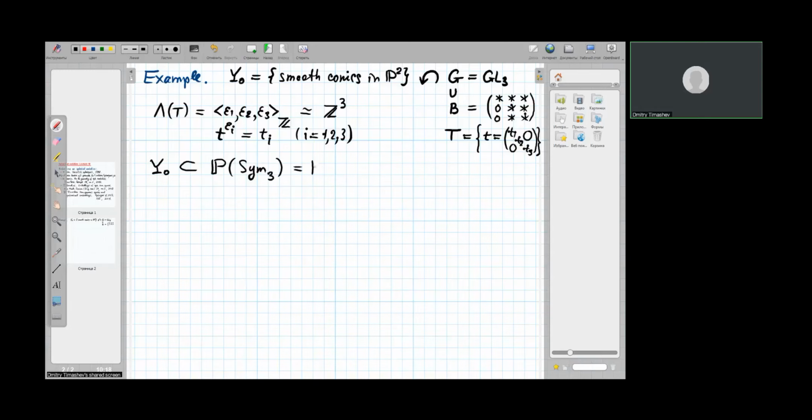It is a 5-dimensional projective space, and the correspondence is as follows. The points of this projective space are symmetric matrices. I will denote such a matrix by Q. So Q is a symmetric 3x3 matrix.